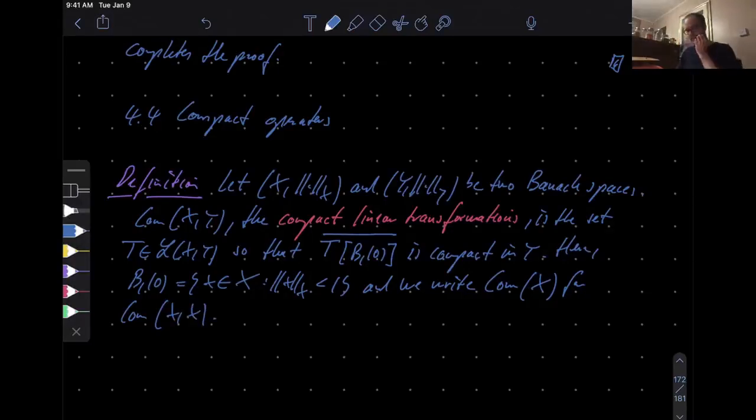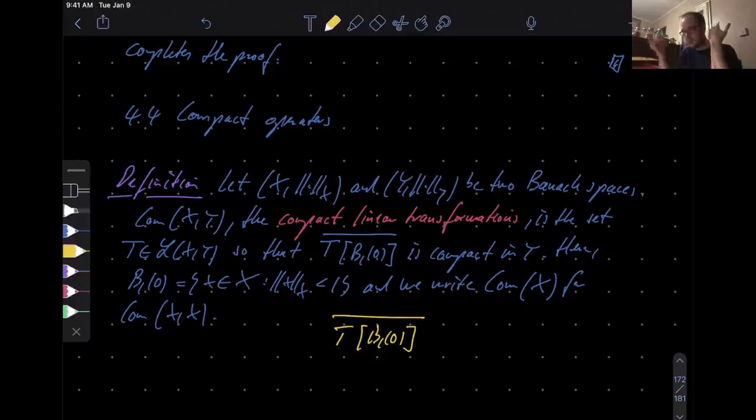Let's think about this a little bit. T being a bounded operator, it maps a bounded set to something bounded. So T(B_1(0)) is always going to be bounded. Since the definition involves the closure, that set is going to be bounded and closed. Now, if you were in finite dimensions, then this would be compact, of course.